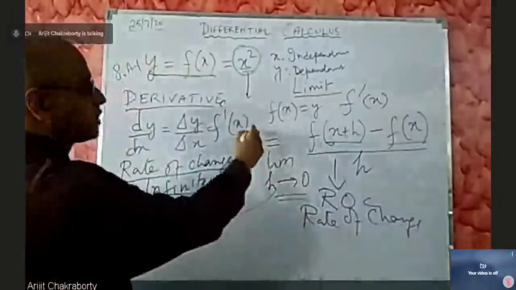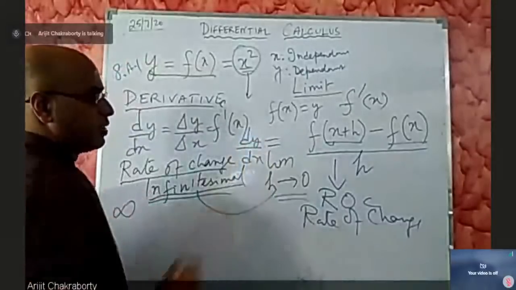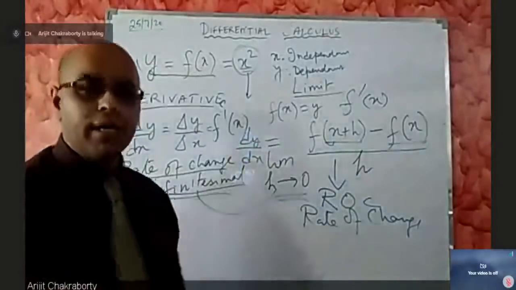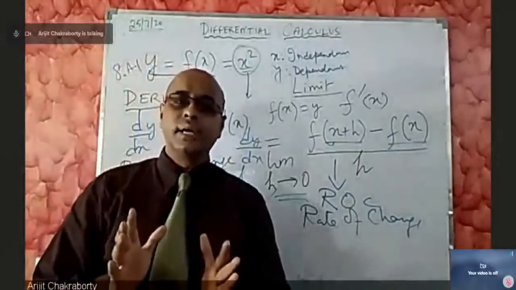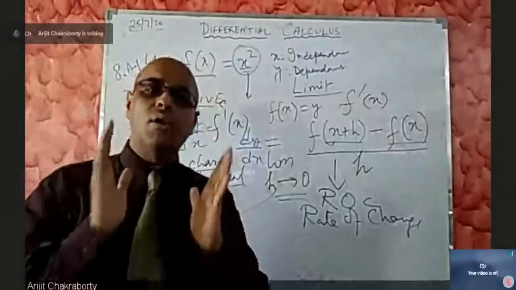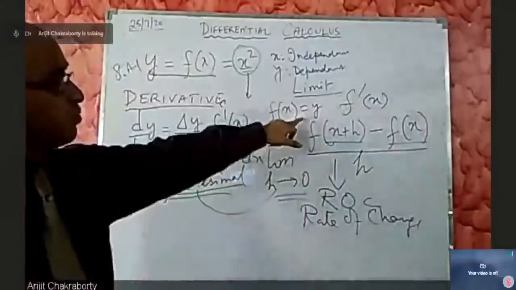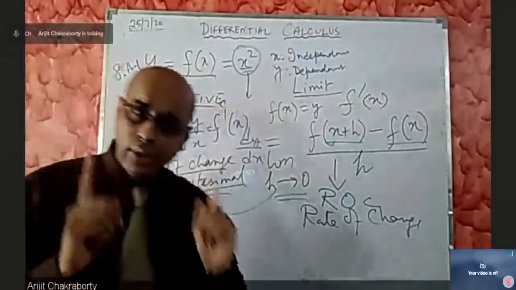And this is called dy by dx. So dy by dx is the differential coefficient of y, where y is a function of x, with respect to x.